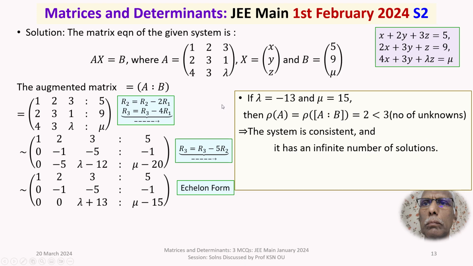So we want the given system to have an infinite number of solutions, and we have lambda equal to minus 13 and mu equal to 15. In this case, the system has an infinite number of solutions. For these values of lambda and mu, we are required to find lambda plus 2 mu. Lambda plus 2 mu is minus 13 plus 2 times 15, that is 17.